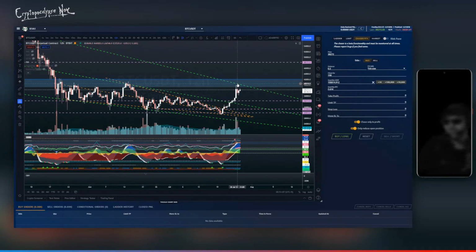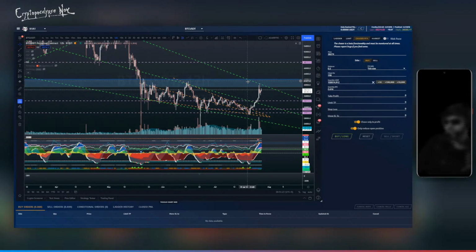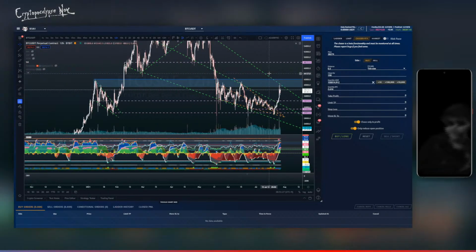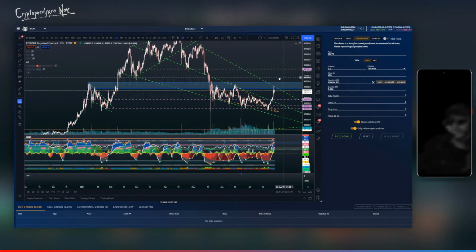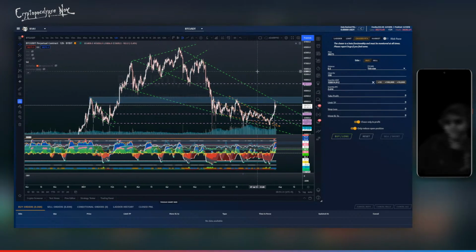And of course it failed, and we had retraced back up again. And I think we're going to come for this peak one more time, and there's a potential for breakout up to the 42-43 mark, and I think I'll still be accumulating short. I think it'll be a failed breakout, just because of how this is set up.